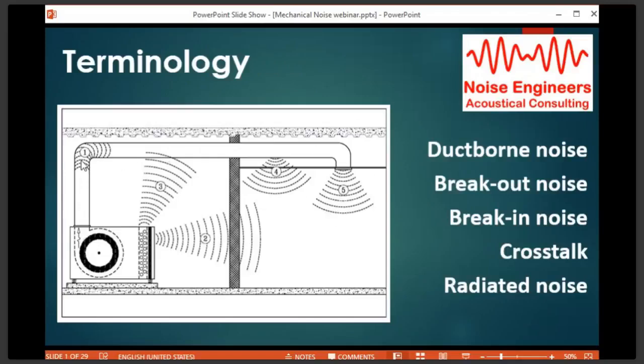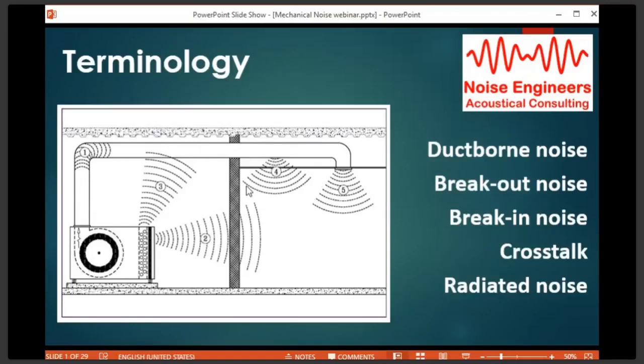There is noise that can be generated, flow noise at transitions, and that would be airflow noise. You can get noise at the diffusers, airflow noise, or at abrupt transitions. Flow noise, not necessarily fan noise, but it's coming down the duct and radiating out the diffusers.